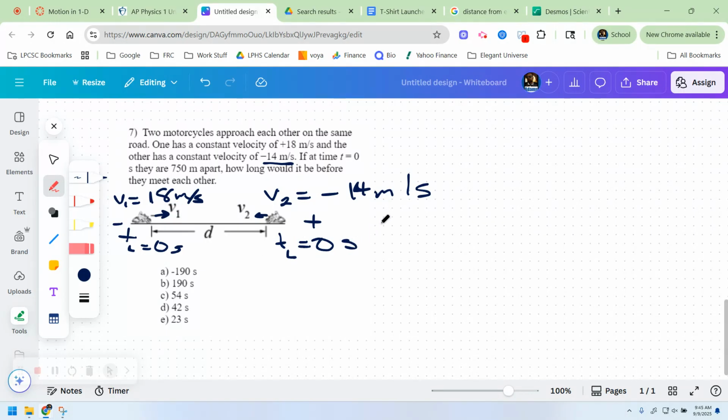The question is, how long would it be until they meet up, right? Oh, and the total distance, D, is equal to 750 meters.